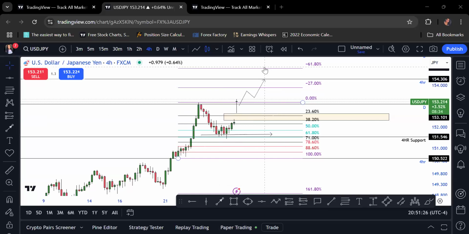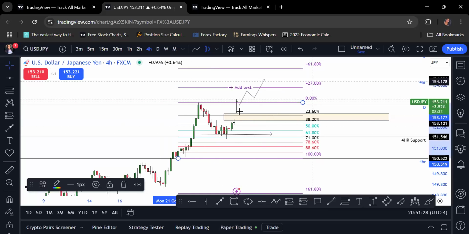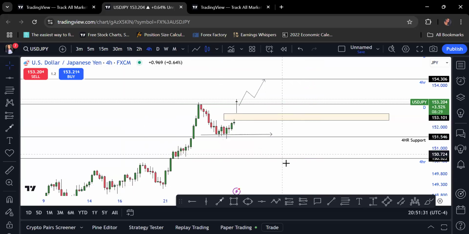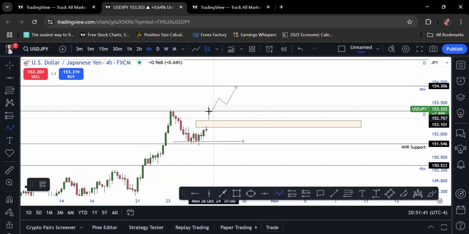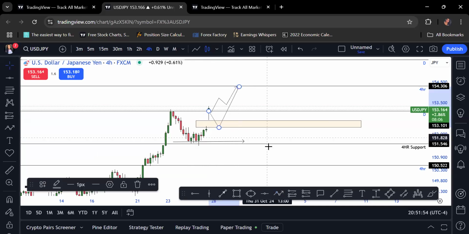If you're going to be looking for it later on, there is a possibility that it can come back down to this gap so it can fill it, because sometimes the market will do that. It will want to fill. So if it does, just be aware of the gap fill and see what it does, because it can come back, fill it, and then go in the direction.